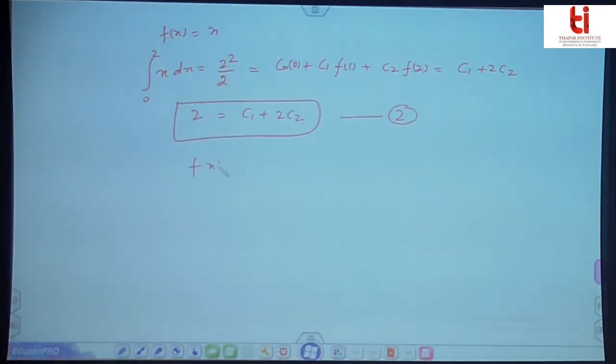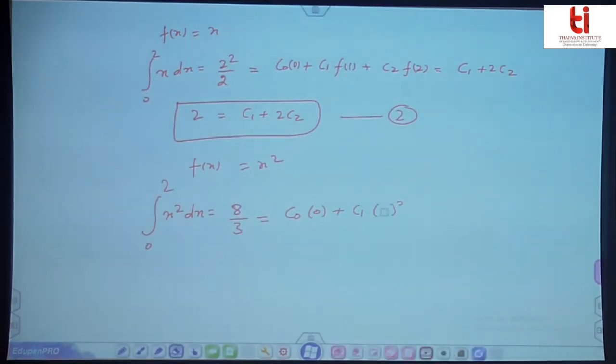Now f(x) equal to x square. Integral from 0 to 2 of x square dx is x cube upon 3, that is 8 upon 3, equal to c0 times 0 plus c1 times 1 square plus c2 times 2 square.